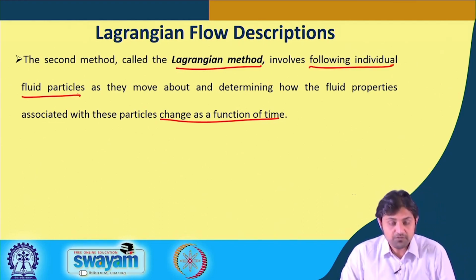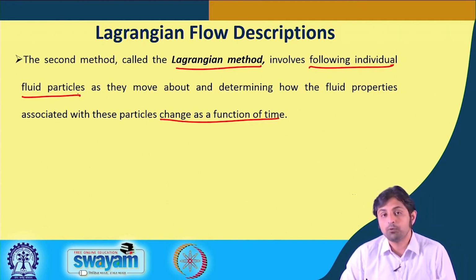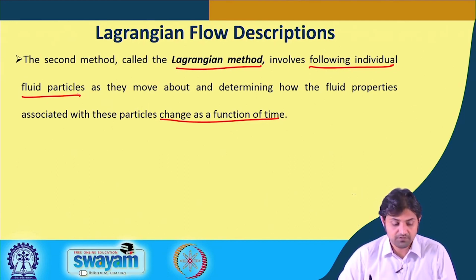Our frame of reference is fixed at one of the particles that is moving. So, that means it could be a non-Newtonian frame of reference. Earlier, in Eulerian, we had a fixed point in space from where we were making the observation. Here we are following an individual fluid particle. So, our frame of reference x, y, z is at the particle itself.